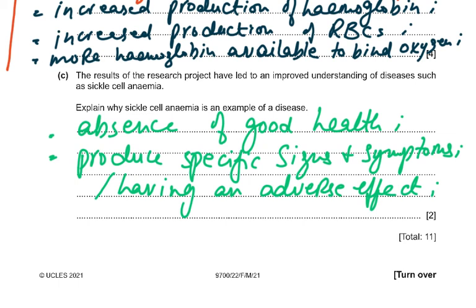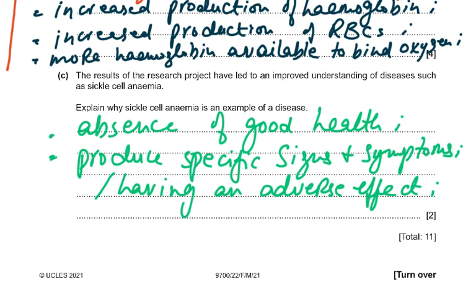Some diseases have a headache, some have weakness, some have breathlessness. As you know, we are suffering from the pandemic. Corona causes problems in the lungs, and the person is put on a ventilator, and it's Allah's will whether he survives or he dies. So absence of good health, and it produces specific signs and symptoms.